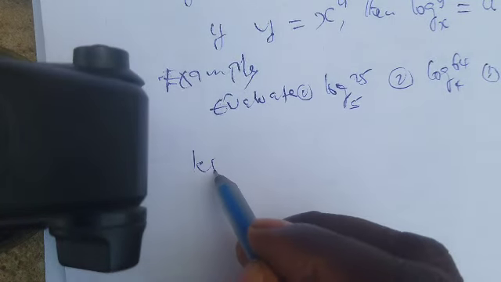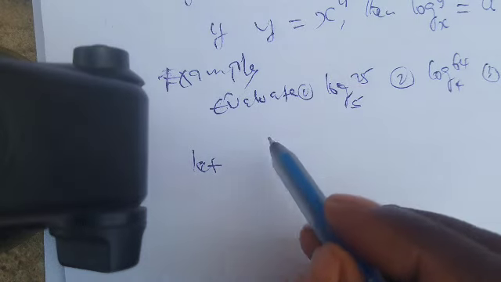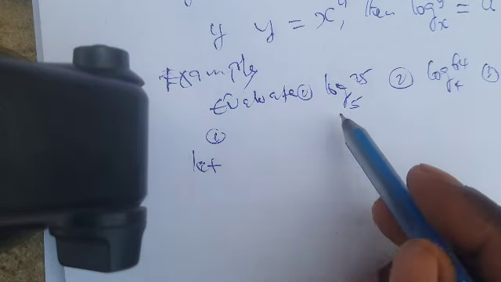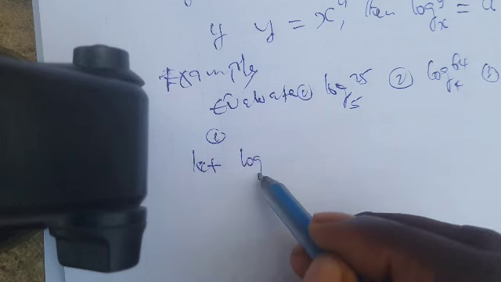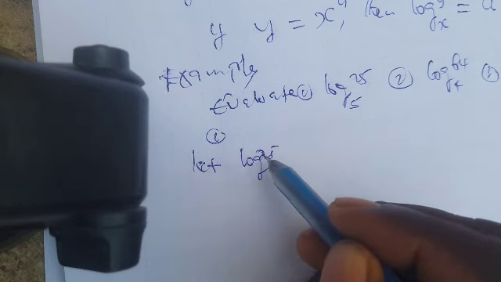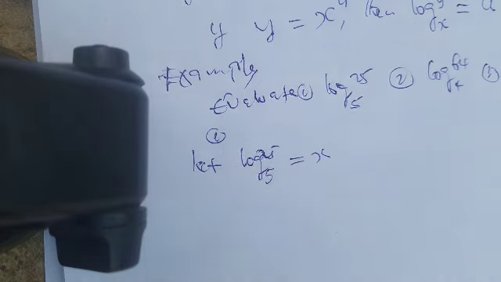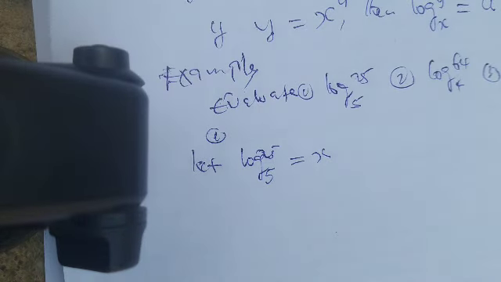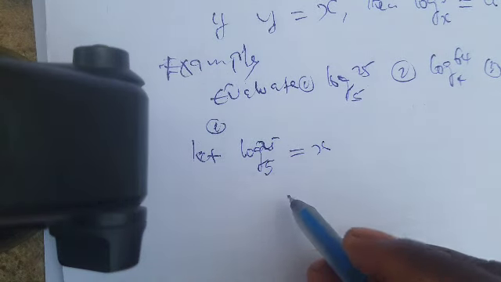Let's take number 1. Let the whole log, log 25 base 5, be x. So we allow this unknown to go here to be the power.